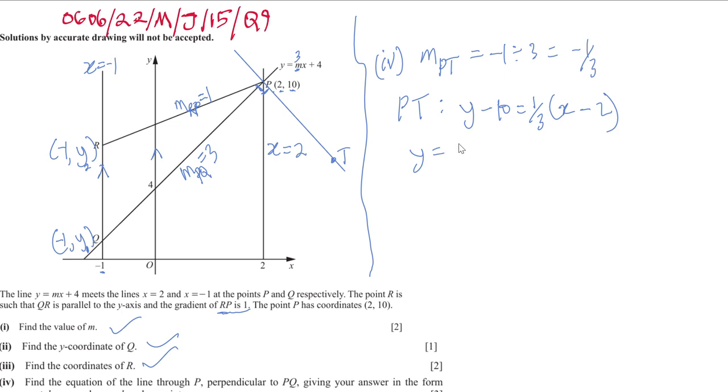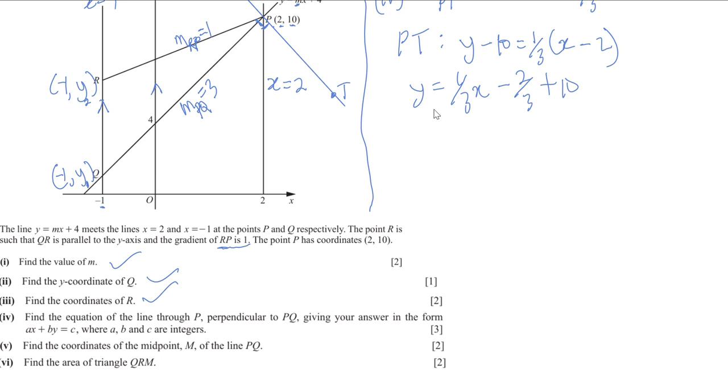So we get y equals 1/3 x minus 2 out of 3 plus 10, and this gives y equals 1/3 x plus 28 out of 3.